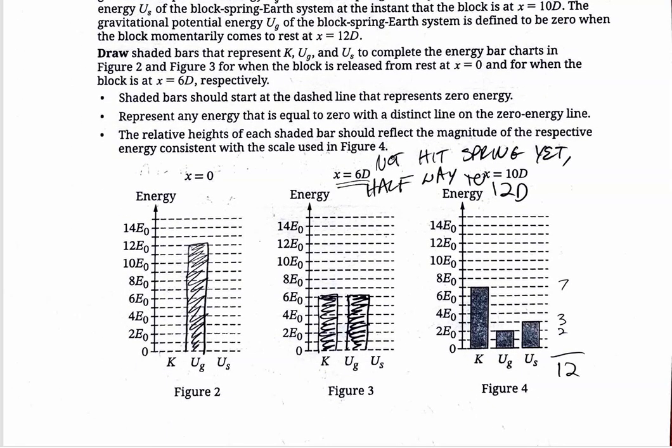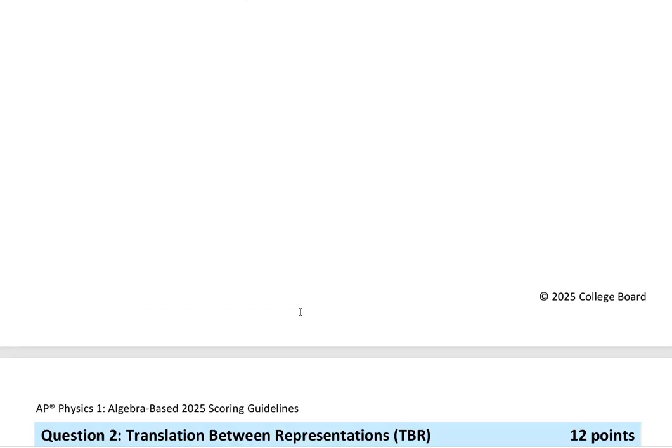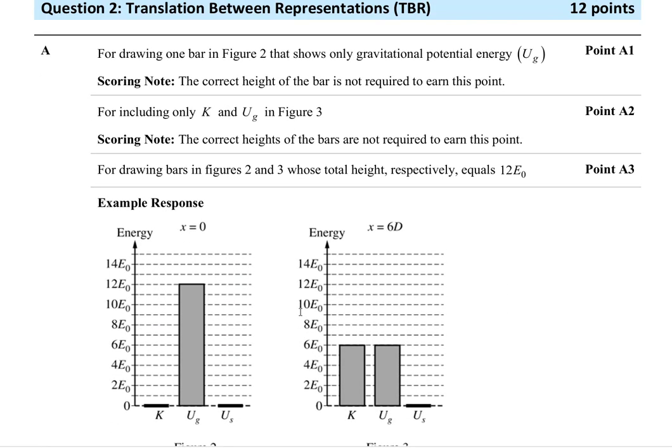So the scoring guide is probably going to say, good job. For one bar that shows only gravitational potential energy, the correct height of the bar is not required to earn this point. Wow. Did you just draw a bar for gravitational potential energy, but you didn't draw it to 12? They love you anyway. Take a point. Did you draw... oh my God, this is so sad.